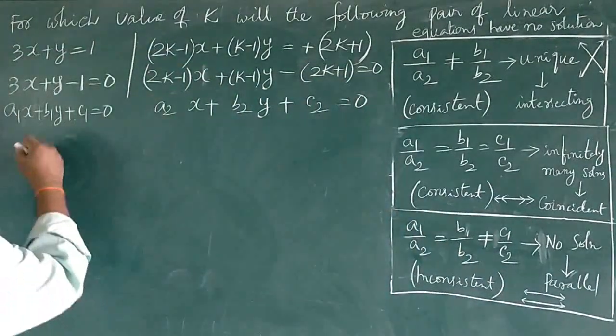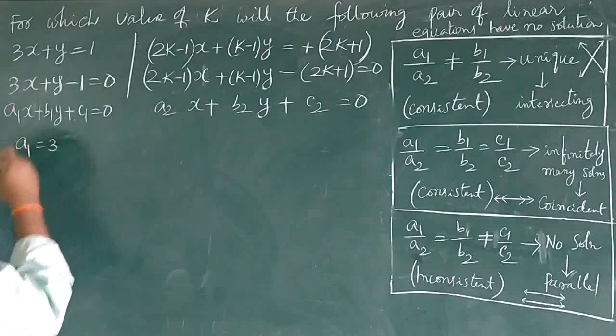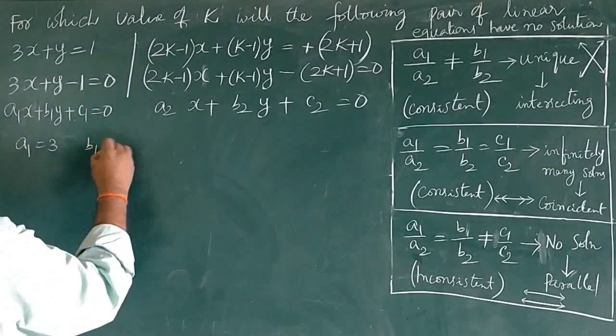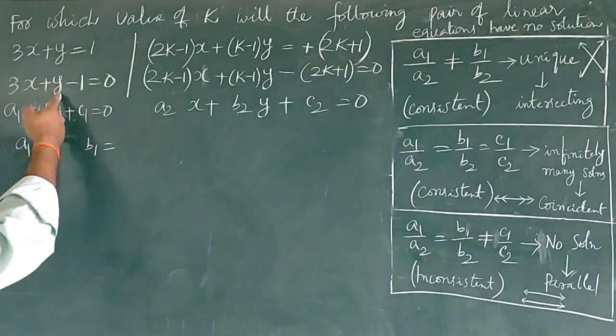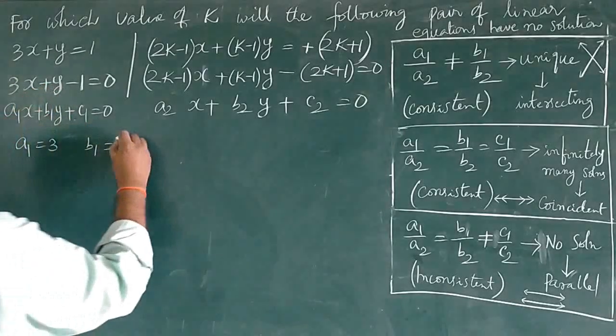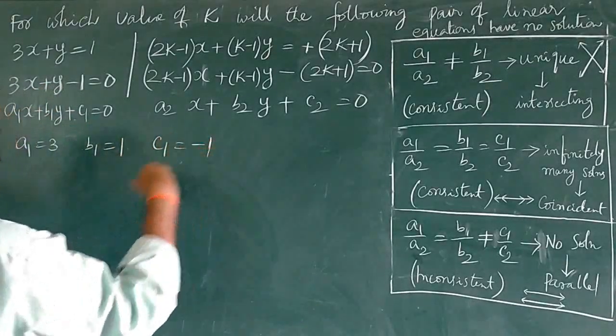So, first I will write that. What is a1? a1 is equal to 3. b1 is equal to 1, since the numerical coefficient of y is 1. c1 is equal to minus 1.